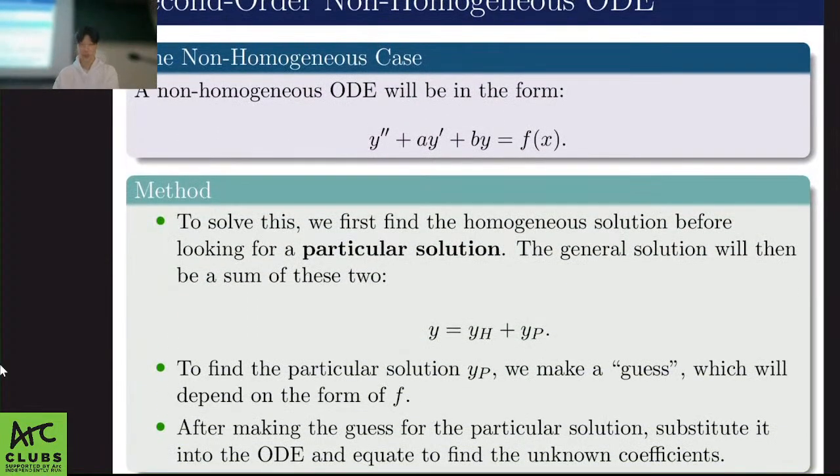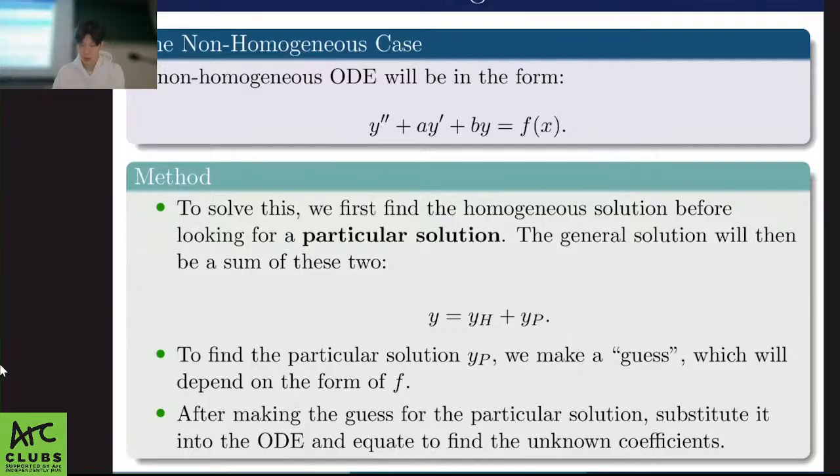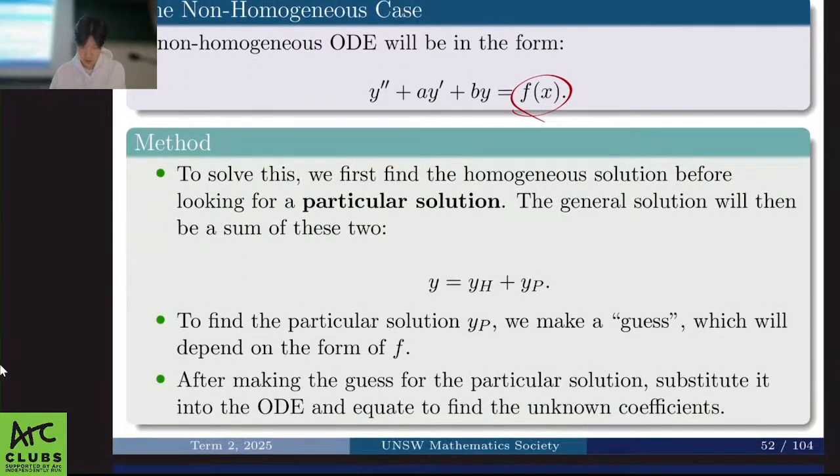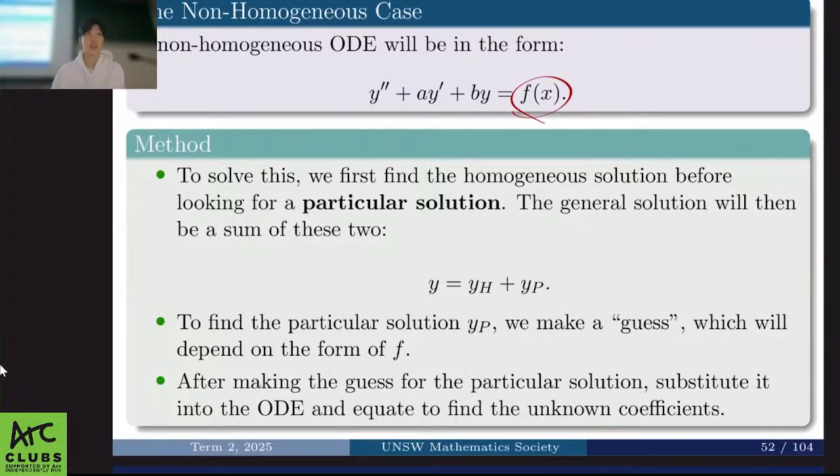Now this time, we could get something where it's not equal to 0, but instead equal to some function of x. The way we do it is, we imagine it is equal to 0 first to find the homogeneous solution. That's done normally: we write the characteristic equation and put it into one of the three general forms.